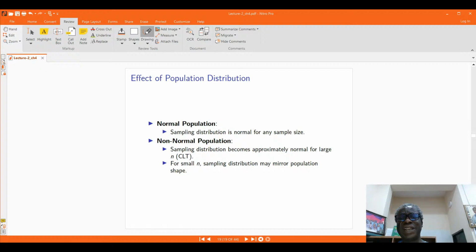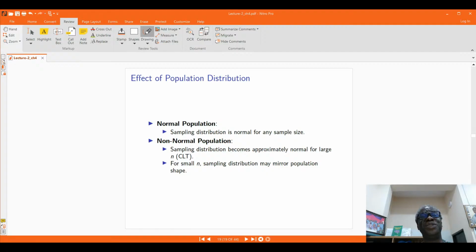If the sample size is small, then the sampling distribution will just mirror the shape of the parent population. So this must be very clear to you.